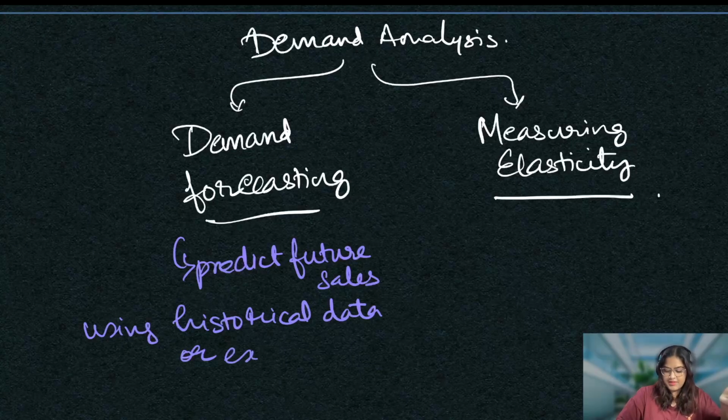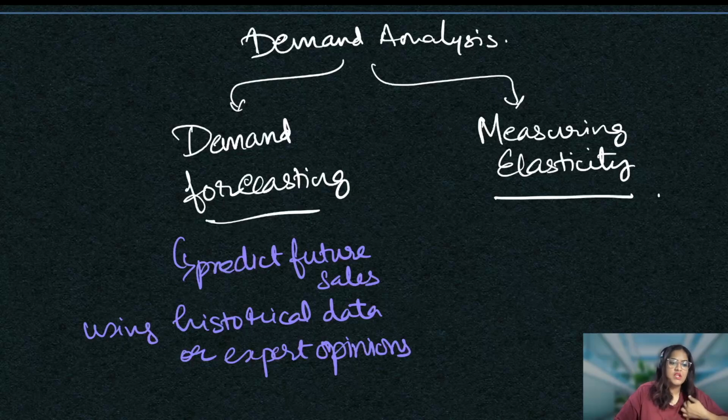That is demand forecasting. Now, this helps companies understand how many staff members and how many resources, both material resources as well as human resources, they have to plan for.